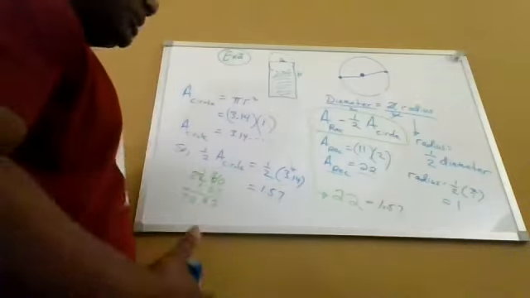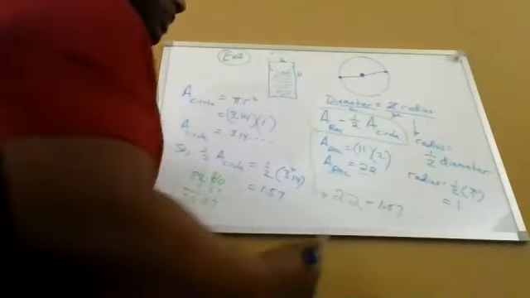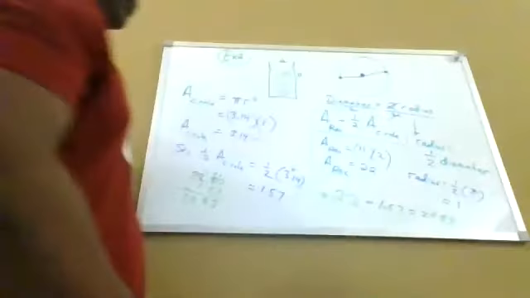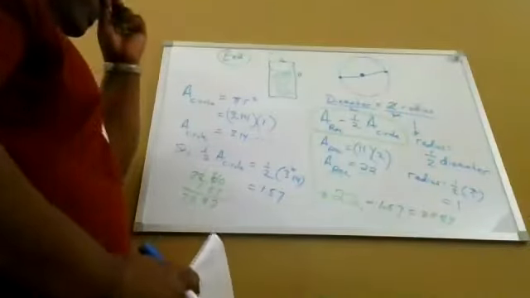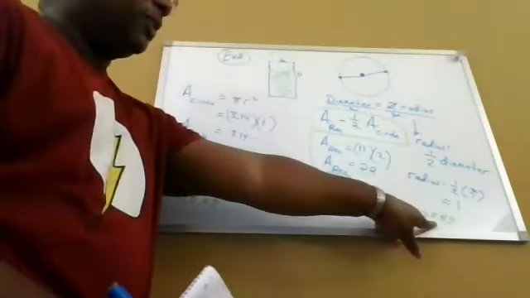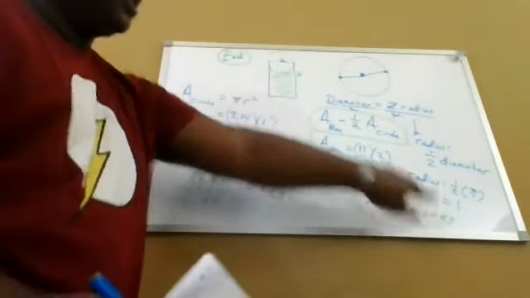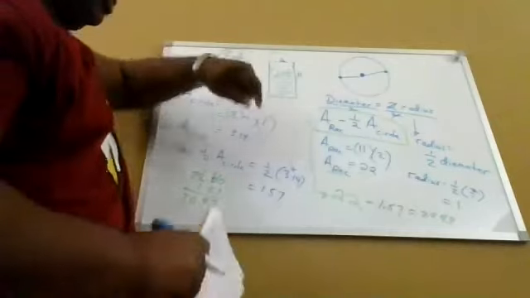It's going to give me 20.43. And this 20.43 is the area of the shaded region.